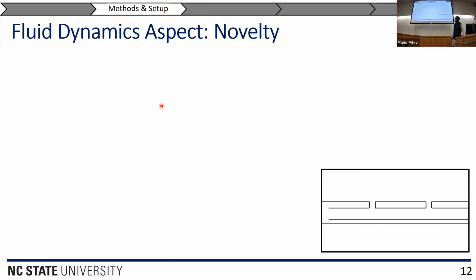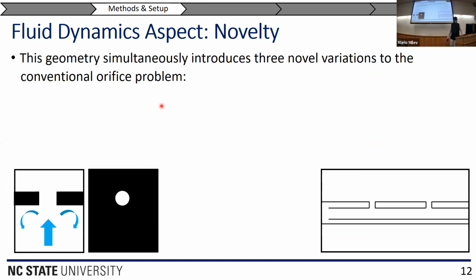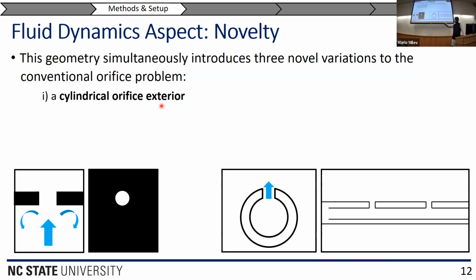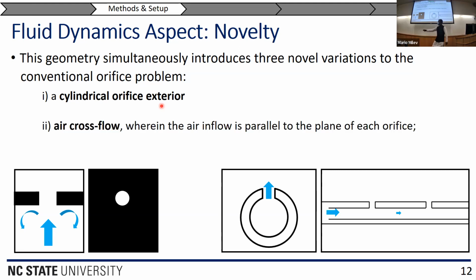So I'm going to quickly go over the novelty of the fluid dynamics aspect. Typically, when there's an orifice problem, and this is studied well on the chemical engineering side of the world, the orifices are usually a little bit bigger than the 0.5 millimeter orifices we have. But they're also flat, so it'll be a flat plate with holes drilled in it, and the air would be coming in from the bottom rather than from the side.